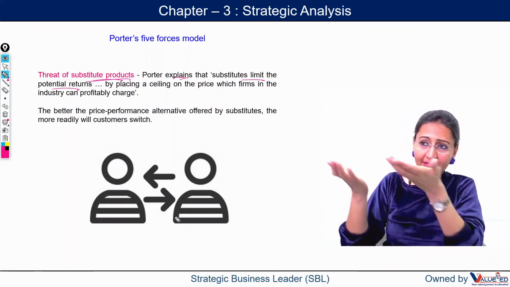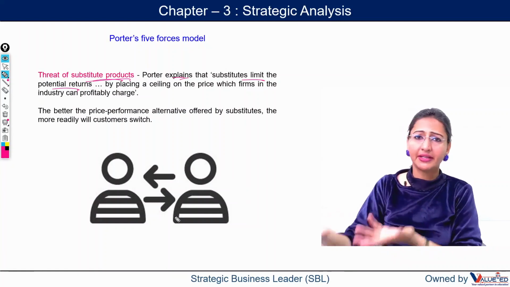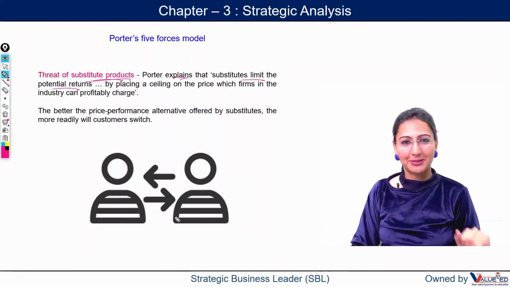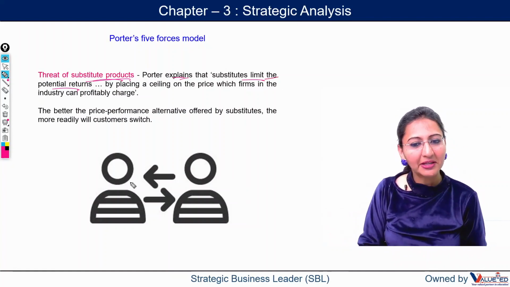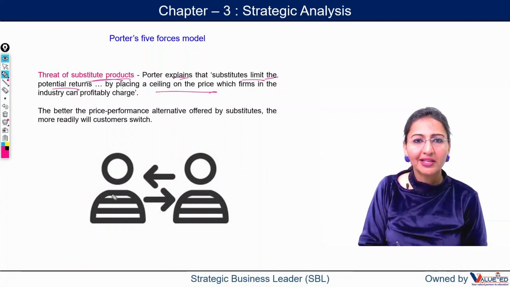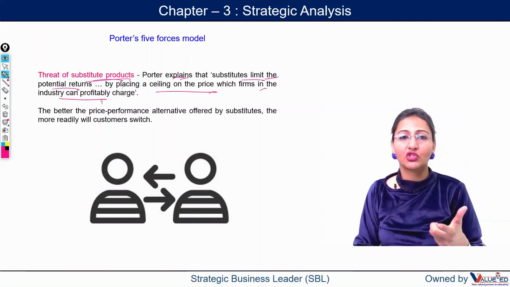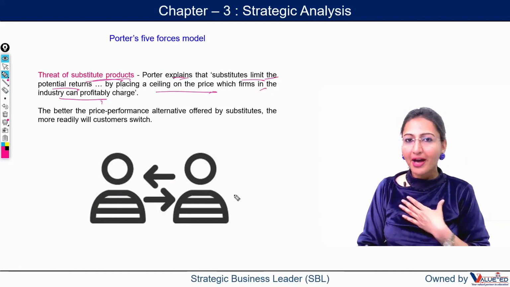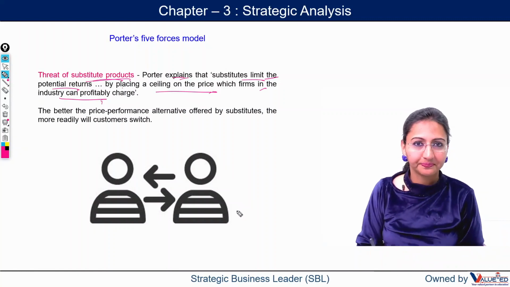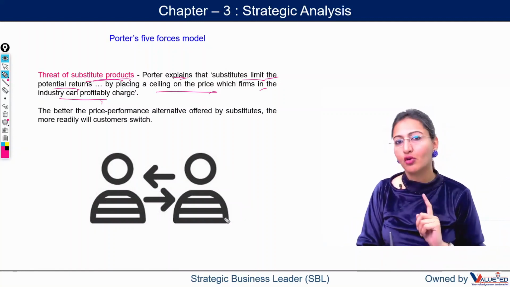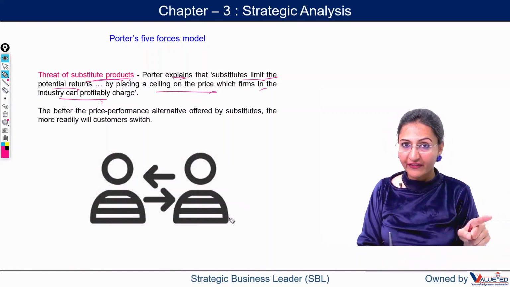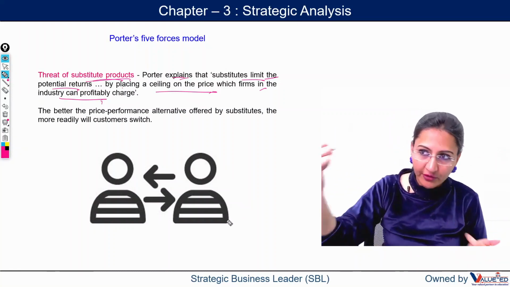The customer will go and buy the substitute if that is at a reasonable price and mine is at a premium price. Substitute availability puts a ceiling on the price which the firms in the industry can charge. If my product has a substitute in the market, I cannot charge anything I want. My price should not exceed a certain level, because if it does, the customer will shift to the substitute product.